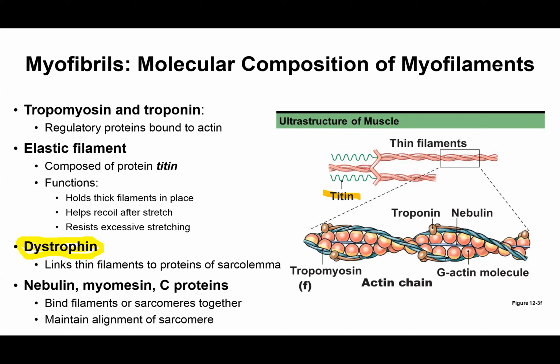So thin filaments, we want to link them up with proteins within that functional contraction unit, so Z disc to Z disc. I'll talk in a second about why dystrophin is important. Finally, nebulin, myomesin, and C proteins basically just bind filaments or sarcomeres together and help to maintain alignment within the sarcomere.